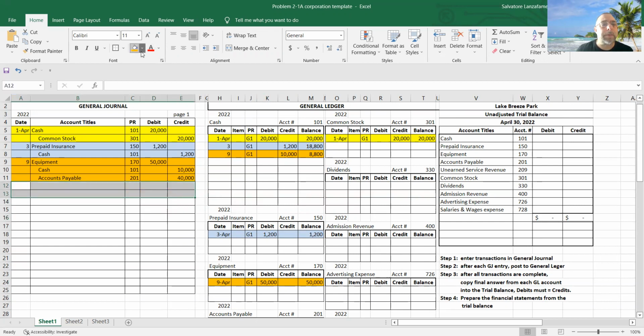Okay, so let's use a different color here. And let's say the date happens to be the 15th. So we are going to debit cash.